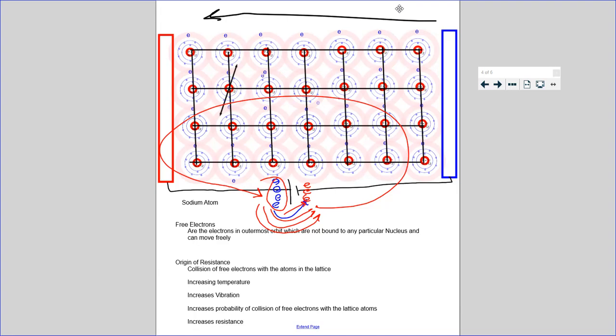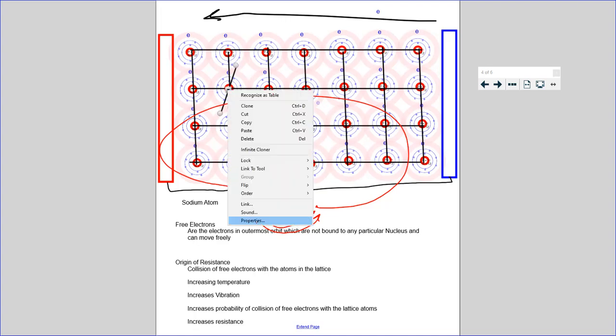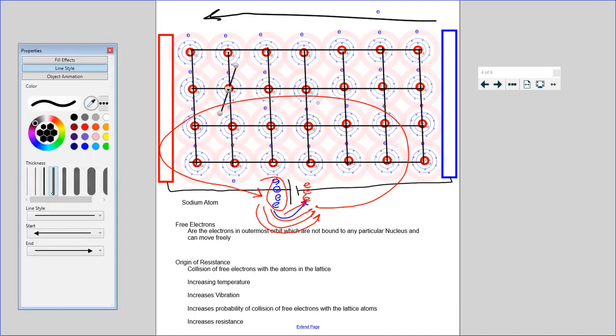The nuclei in a solid, the atoms of a solid, what kind of motion do they have? Tanya, atoms of a solid, what kind of motion do they have? They are vibrating. Yes. So if they are vibrating, what happens? There is a possibility that the electron which was flowing freely could collide if the atom is vibrating.